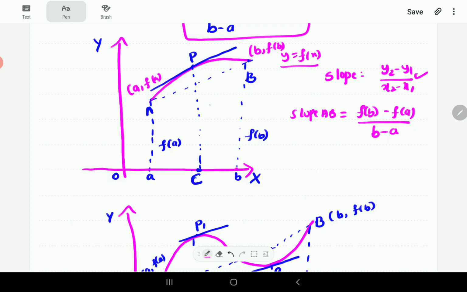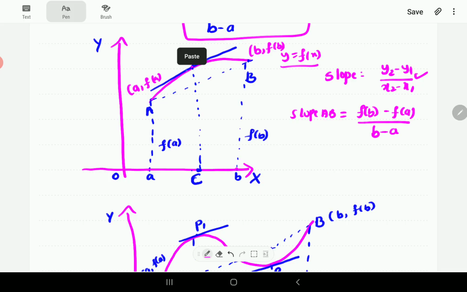So we will have at least one point between A and B at which the tangent is parallel to the chord AB. If c is the abscissa of P, then the slope of the tangent at the point P will be f dash of c.